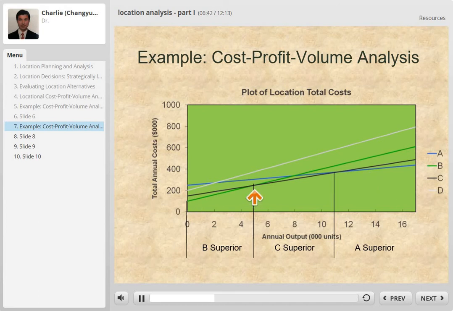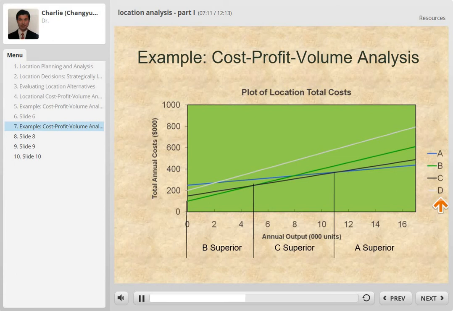So if the quantity falls into this part, then green, which is B, has the lowest total cost. If the quantity is in between these two, then black, which is location C, has the lowest cost.